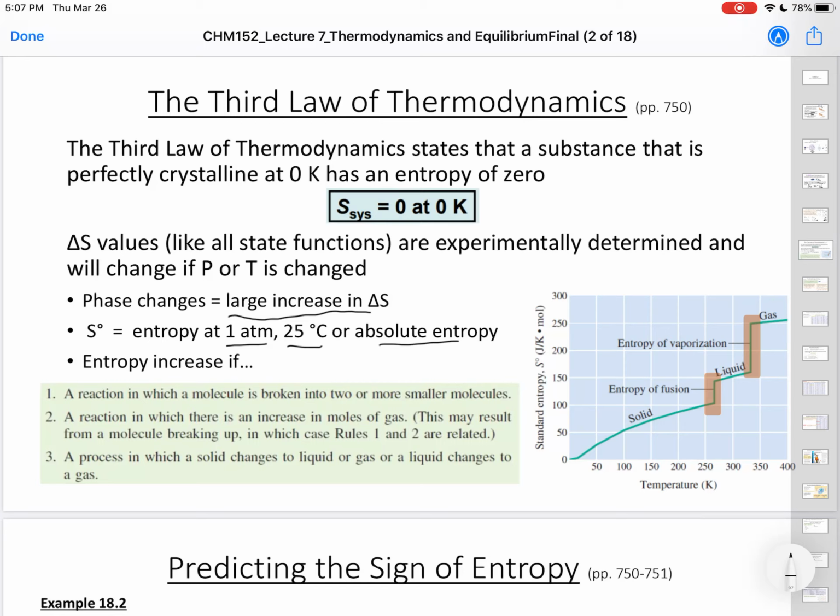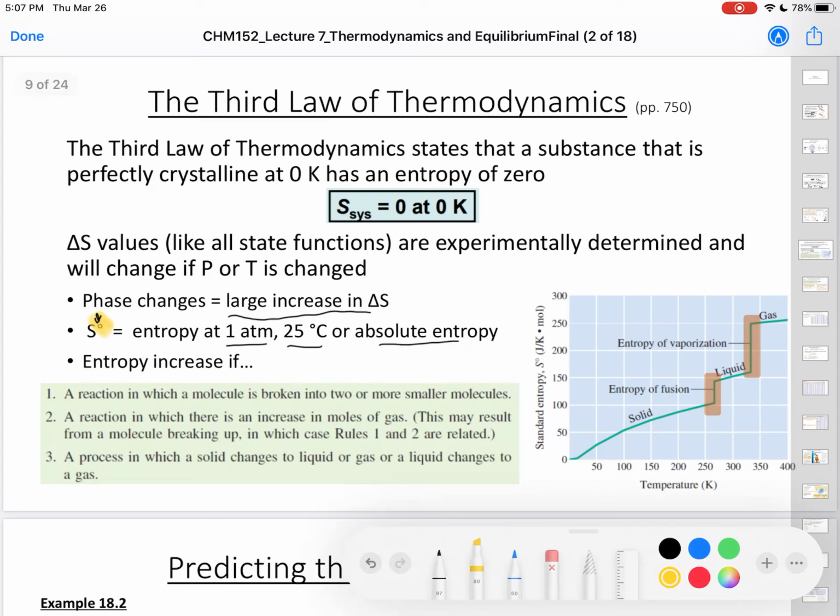And the entropy at 1 atm and 25 degrees is what we call the absolute entropy, and we signify this with the degree symbol here, okay? So really, this degree symbol tells us that it's at 1 atm and 25 degrees Celsius.